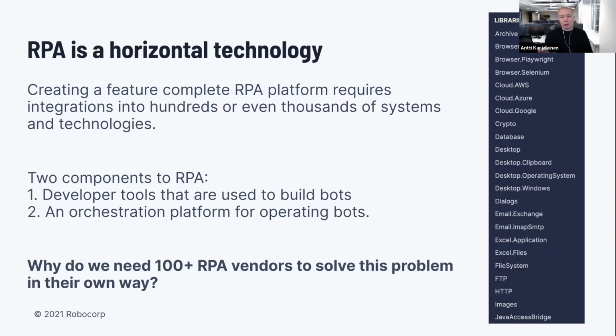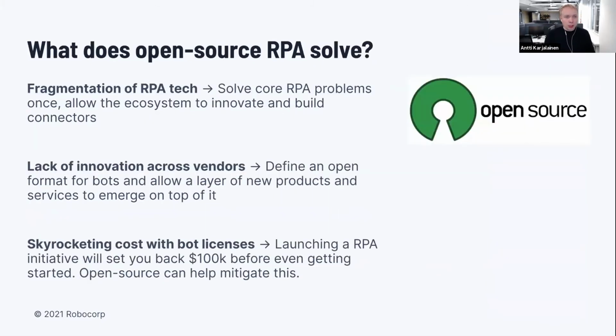So it makes you wonder, why do we need 100 technology vendors in this space to address this problem area, if everyone is doing more or less the same thing with a little bit of a twist on top? Wouldn't it be great to have an open source foundation to power all this, really solving the fragmentation issue in RPA?